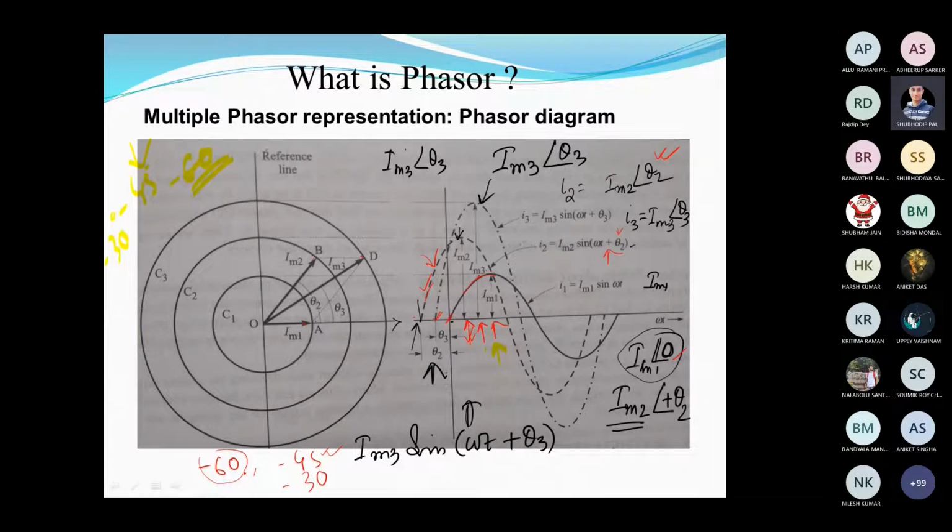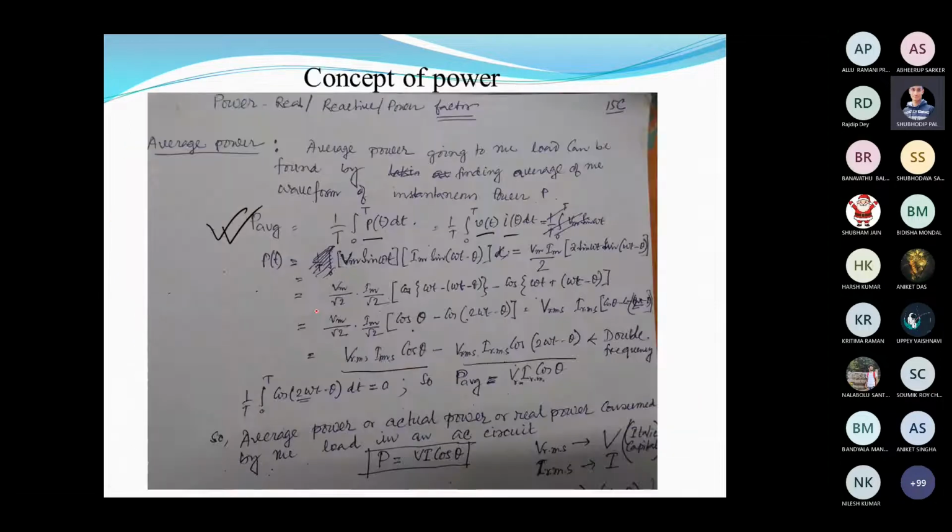All right. Next, these are the theoretical things, I'm not going to discuss in a very elaborate manner. So how are we calculating the average power? The formula, as I told you, is VRMS into IRMS into cos theta. From where does it come? The average is taken with respect to the time period, where p is the power, instantaneous voltage into instantaneous current.